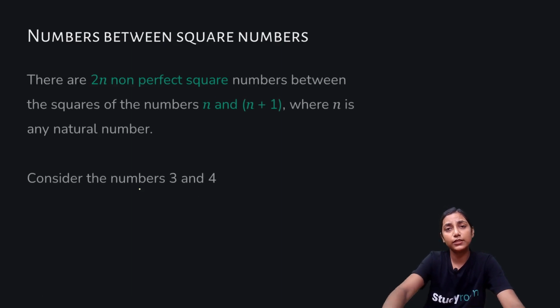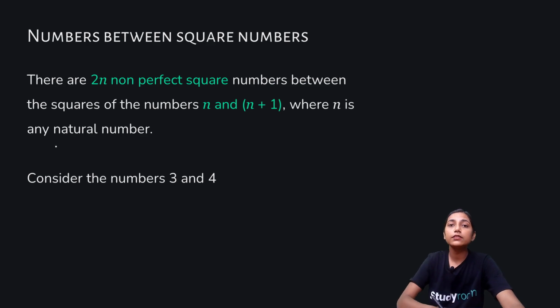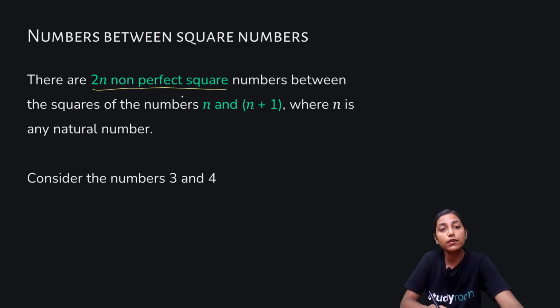Now, numbers between square numbers. We have learnt about square numbers. Now there is a formula for finding the numbers that are between two square numbers. There will be 2n non-perfect square numbers between the squares of the numbers n and n plus 1.